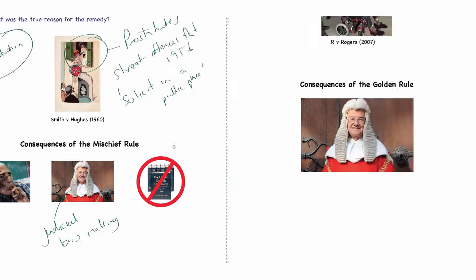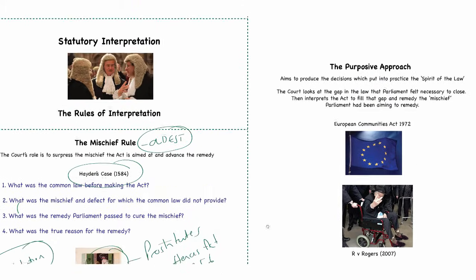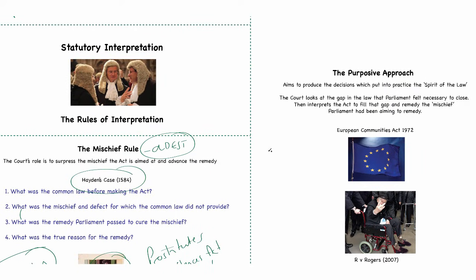Let's finally look at the purposive approach. And in the purposive approach, this applies to all European law. And the aim is to produce the decisions which put into practice the spirit of the law.